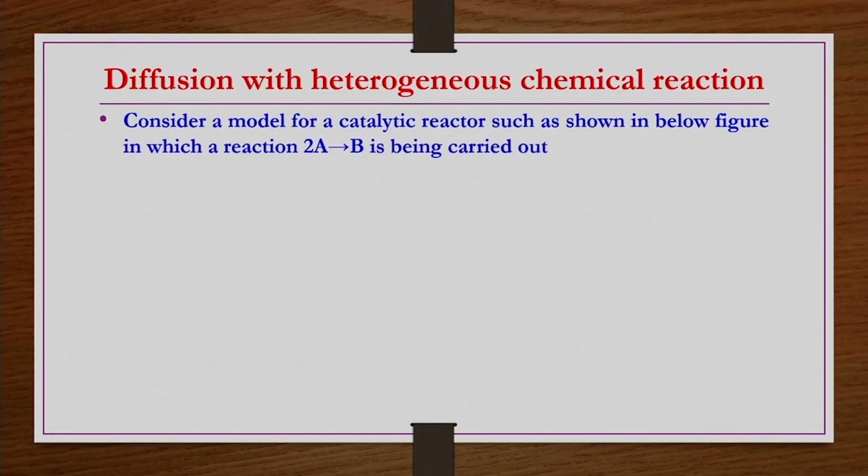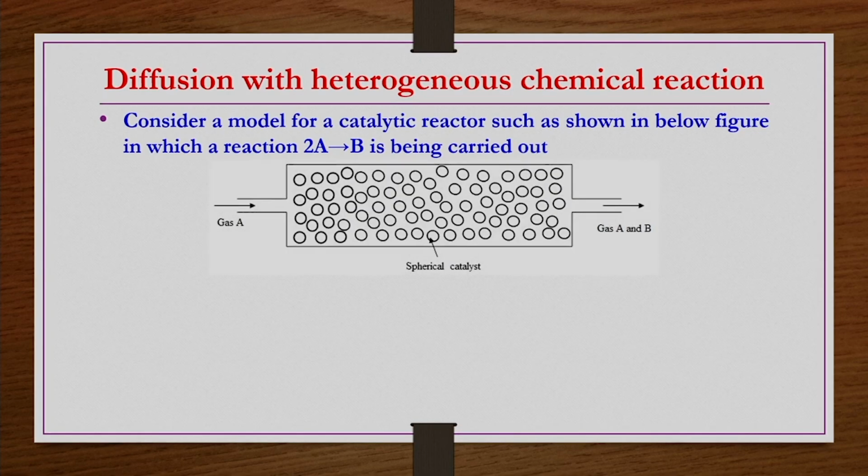Consider a model for a catalytic reactor, such as shown in the figure below, in which a reaction 2A tends to B is being carried out. We have a catalytic bed in which gas A is coming in and reacting on the surface of catalyst particles, and then product B is forming, and the outlet unreacted gas A and product B are coming out.